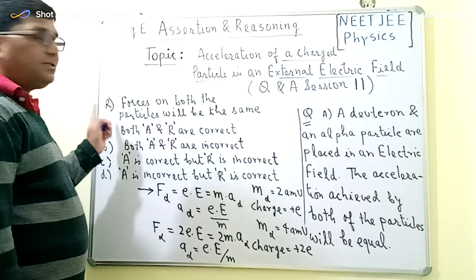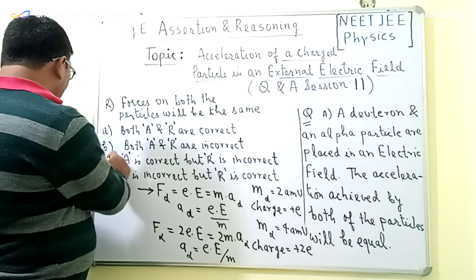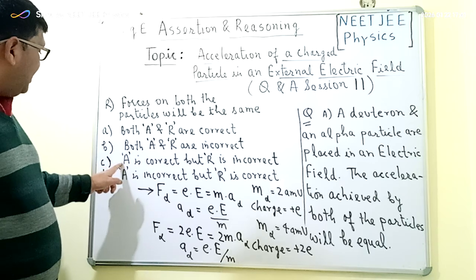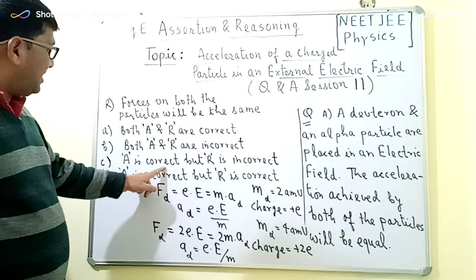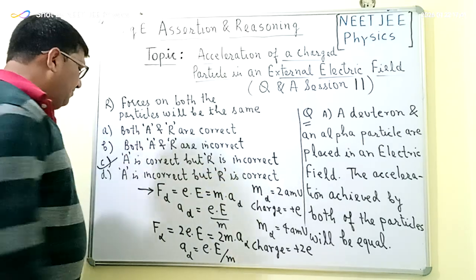So the reasoning is not correct. From these four options, option C is correct, because in option C, A is correct, that is the assertion is correct, and the reasoning is incorrect. So the correct option here is C.